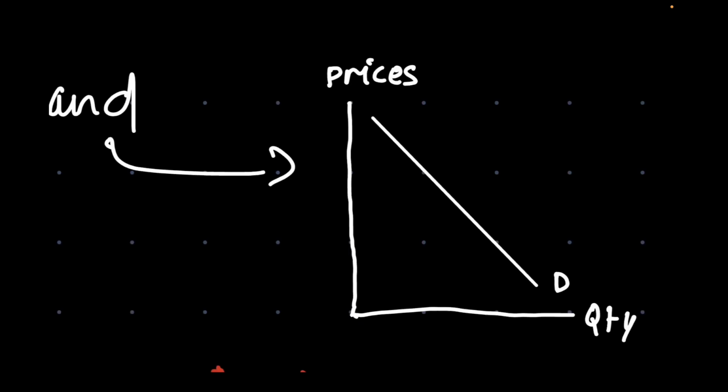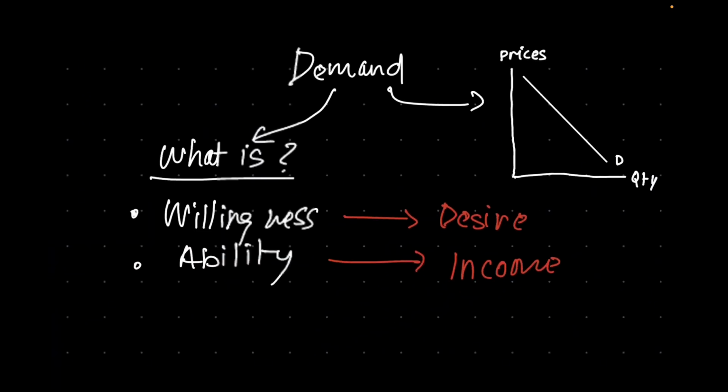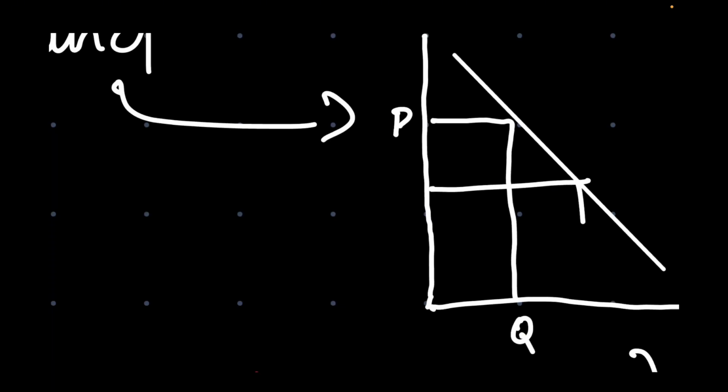Now, why is it downward sloping? This is extremely important. This relationship between demand and price is something you can say that is inverse. So the higher the price, the lower the quantity. Now let's look at something.